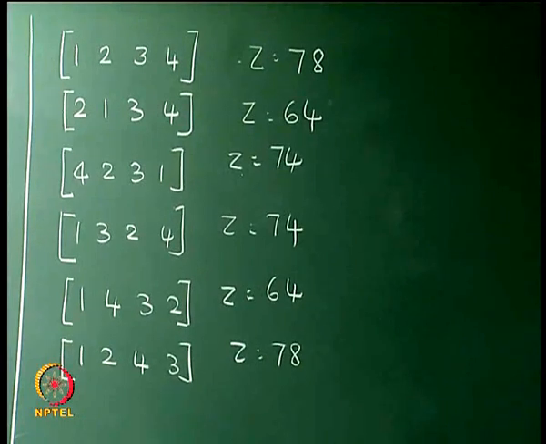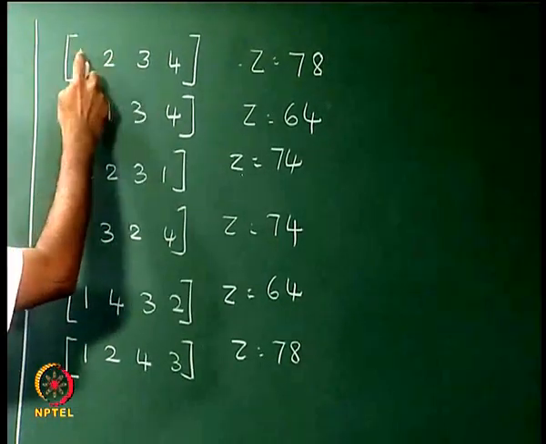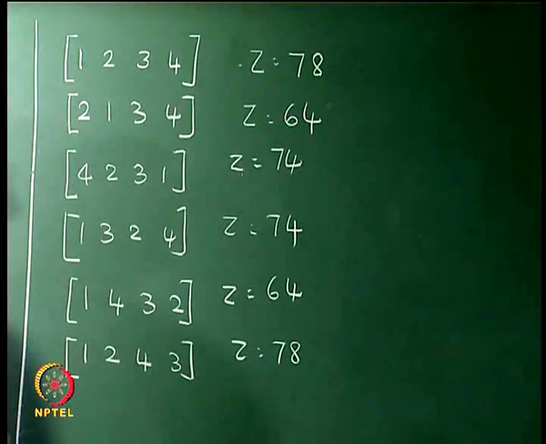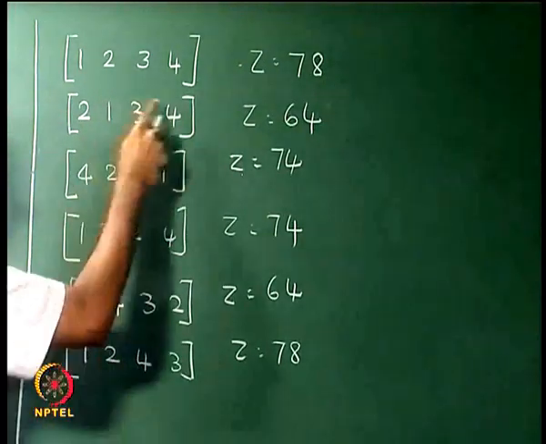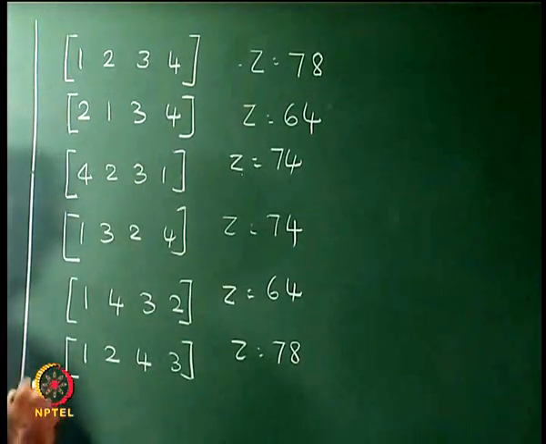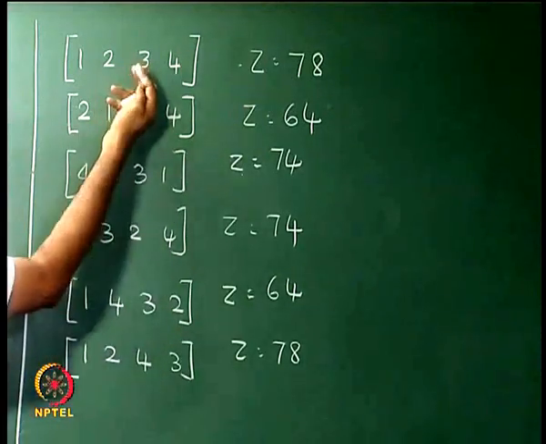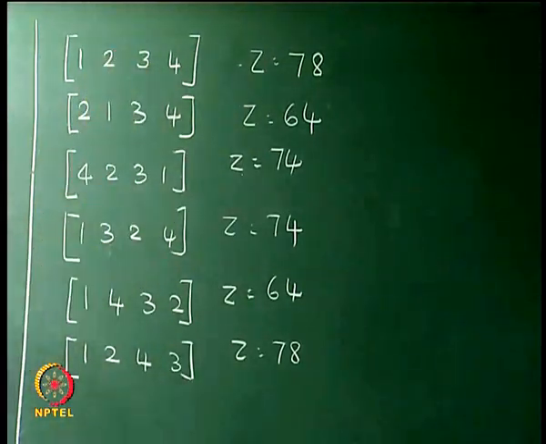Now, these are some of the solutions which we could get by exchanging some of the facilities. For example, exchanging these two would give this. Now, from here we can exchange 4 and 2 to get this. We can use this and then exchange 2 and 3 to get this, and so on.